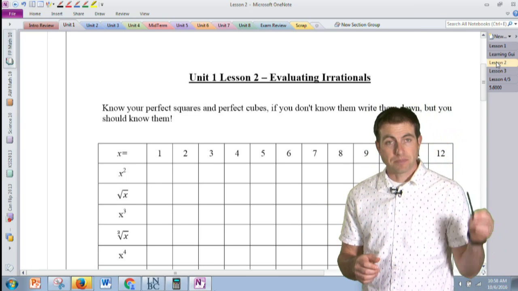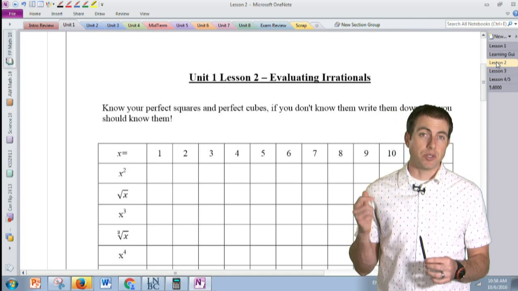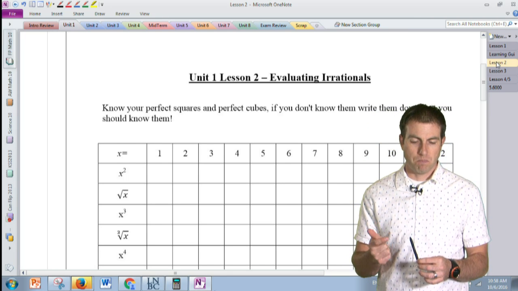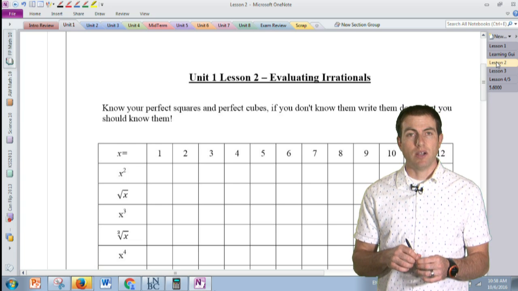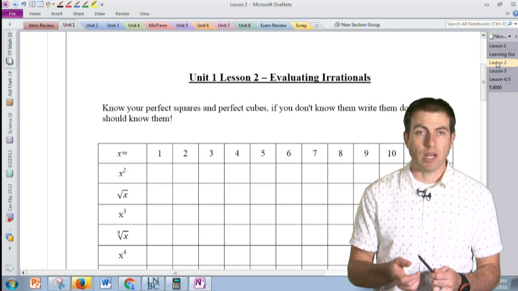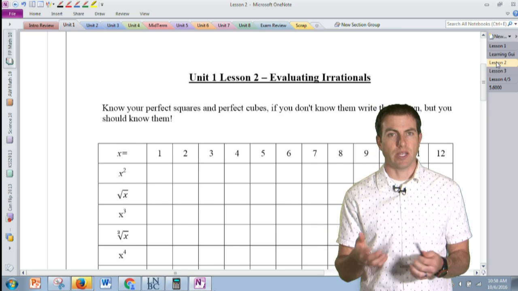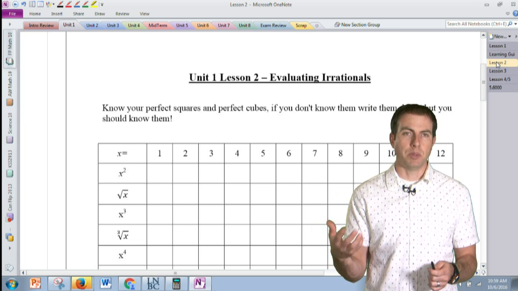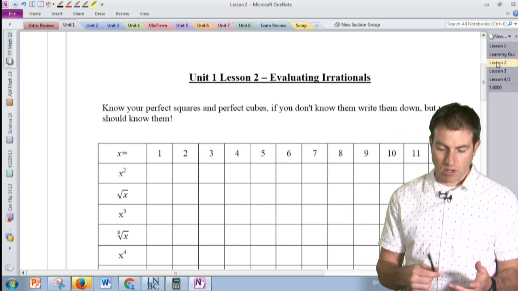Just like right now, you're going to learn your perfect squares and your perfect cubes and a couple of perfect fourths. I'm not going to insist you memorize them. If you were to memorize them, you would do a lot better. Not better in terms of a mark, but everything would just come a little bit easier for you. So we're going to look at what the perfect squares are.